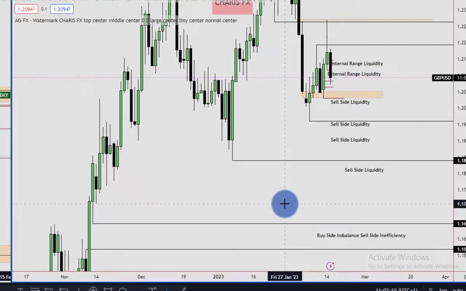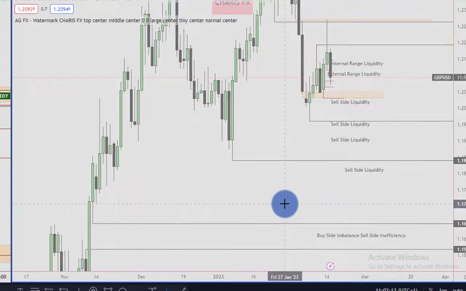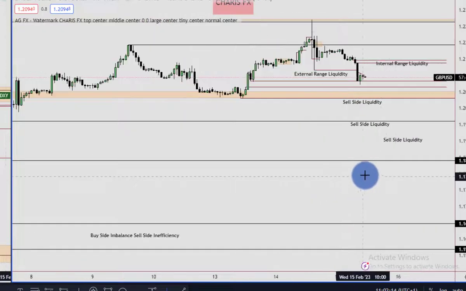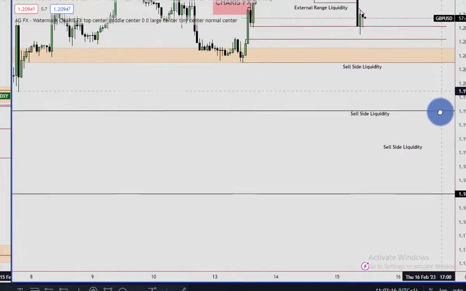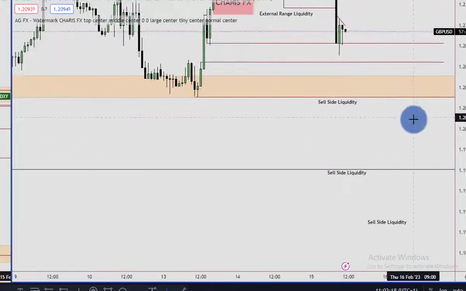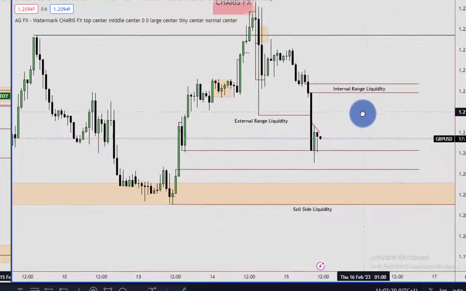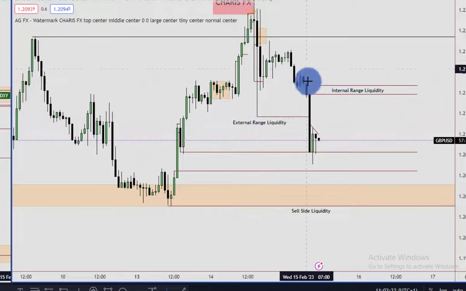So let's go down to the 1 hour time frame, see what we are going to do today. This is the 1 hour time frame, and as you can see, price has created bearish market structure. Currently there is a shifting market structure, and I'm looking to see price trade into internal range liquidity. Remember what our internal range liquidity is: fair value gaps, order blocks.